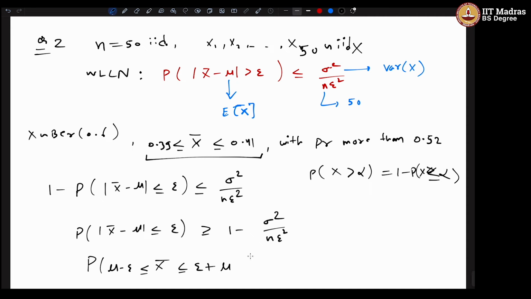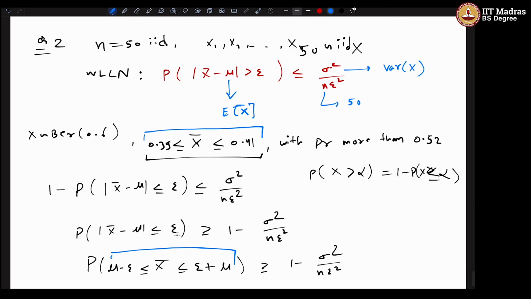You can verify this, and then greater or equal 1 minus sigma square by n epsilon square. Now we have this expression, and you notice one thing here. The thing which is inside the probability is kind of similar to this expression, which is what we wanted to do.